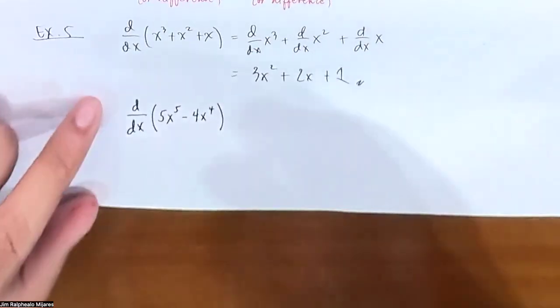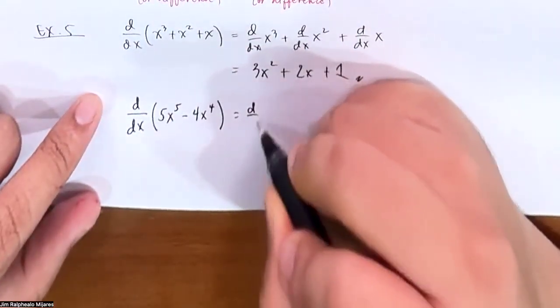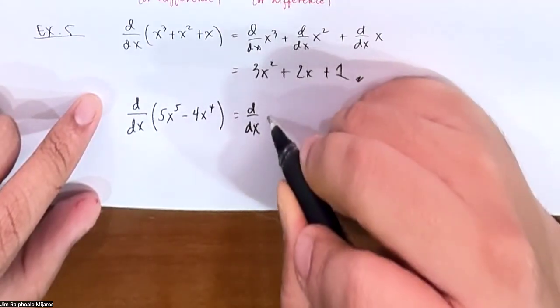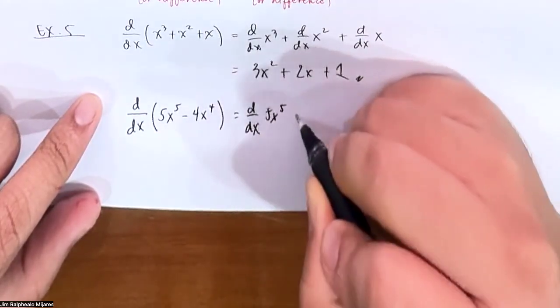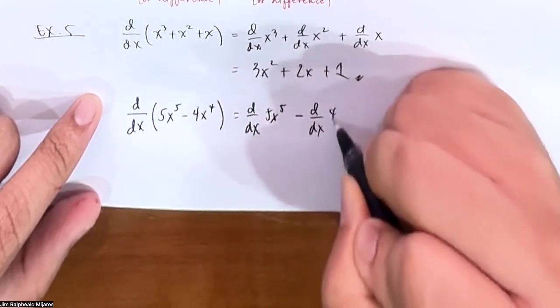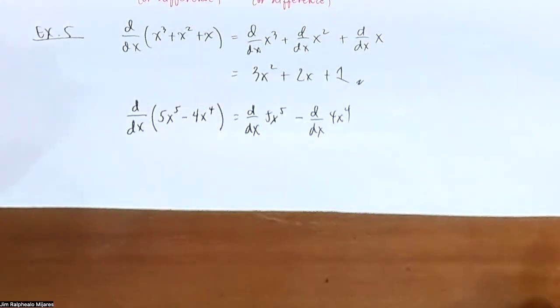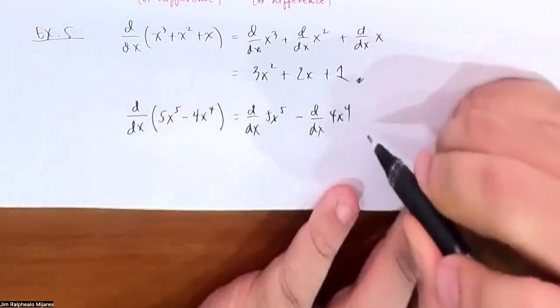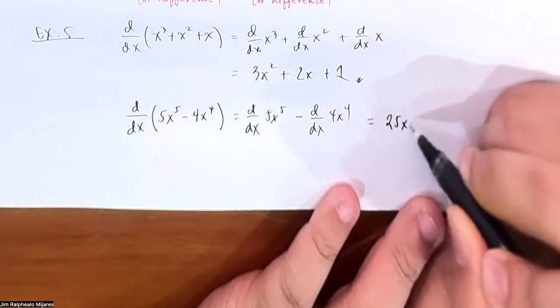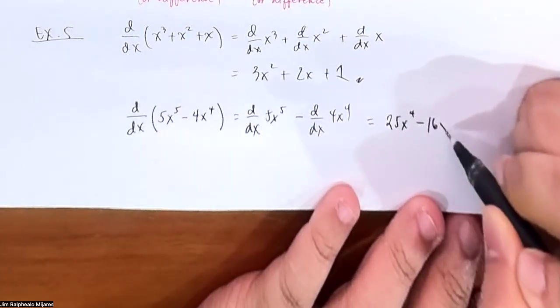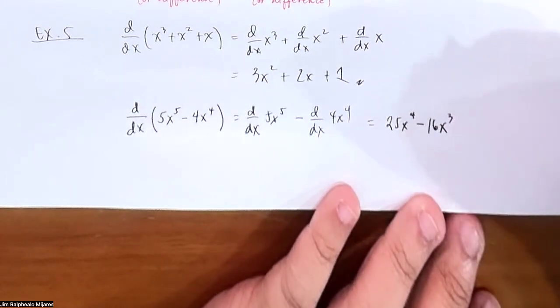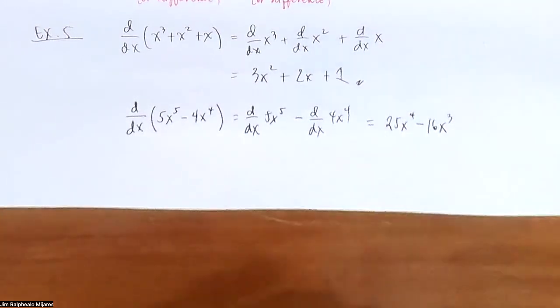This one, it's also not such a hardship. Derivative of 5x to the fifth minus the derivative of 4x to the fourth. Okay. Which is equal to 25x to the fourth minus 16x cubed. All right.